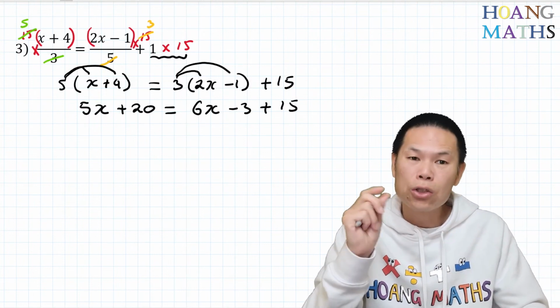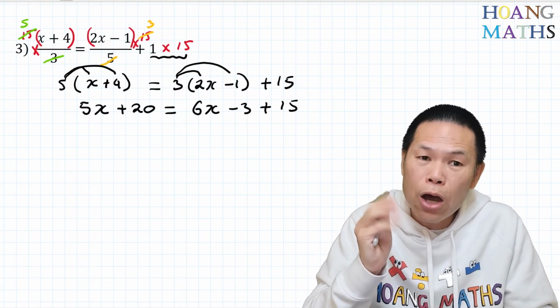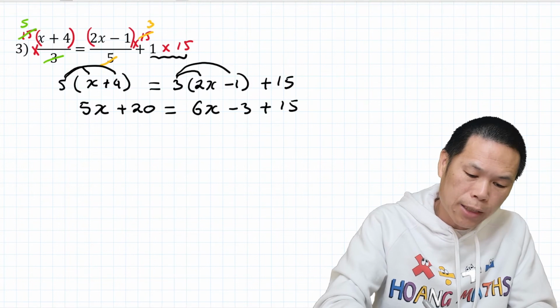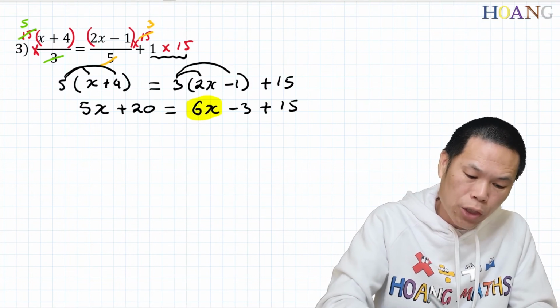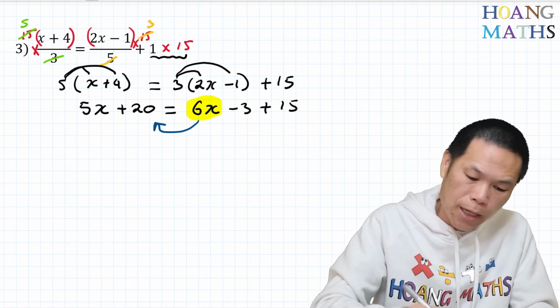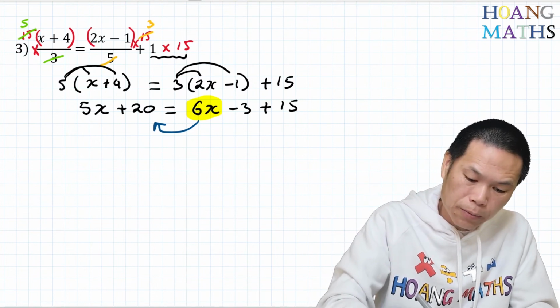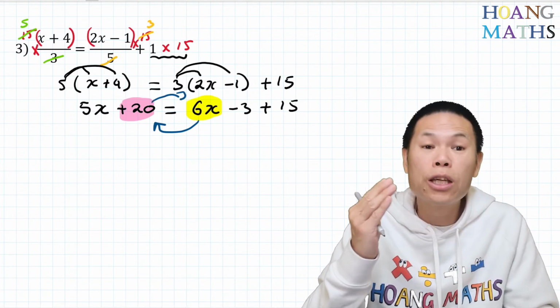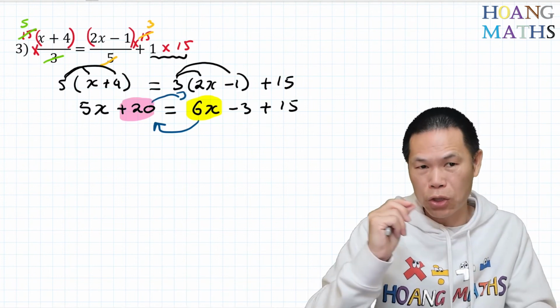So there you go. So now what I do, I put letters on one side and numbers on the other side. So the x here, which is moved to this side, becomes minus 6x. And this number here, we have positive 20. I move on the side, should give me minus 20. So let me just write this down.